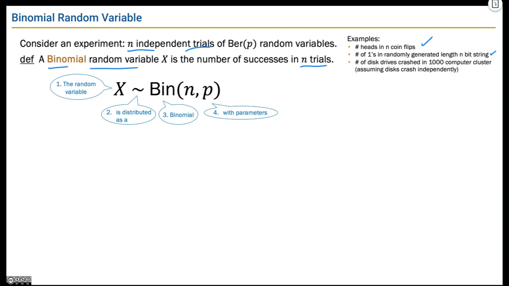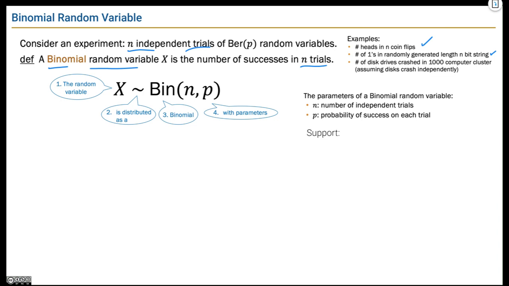Here's our notation. So now it has 2 parameters. It has the probability of success, but then it also has the number of independent trials. We need both of those now. And just as a reminder, our support here is going to be 0, 1, 2, up until n, because you can have n possible successes in n trials.